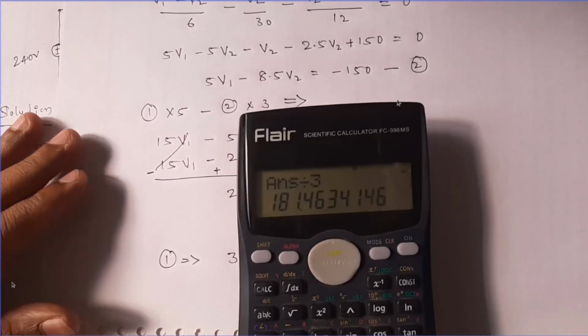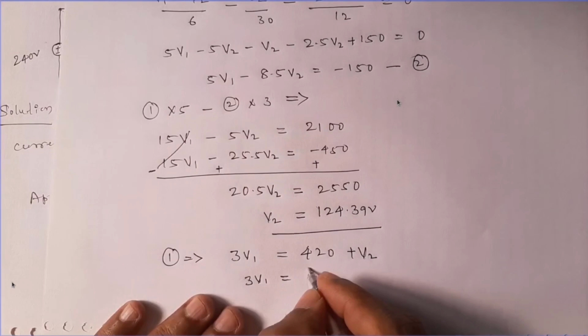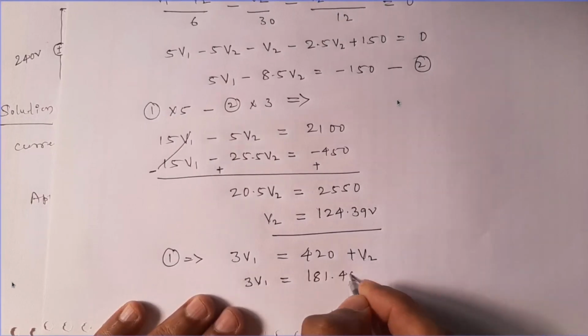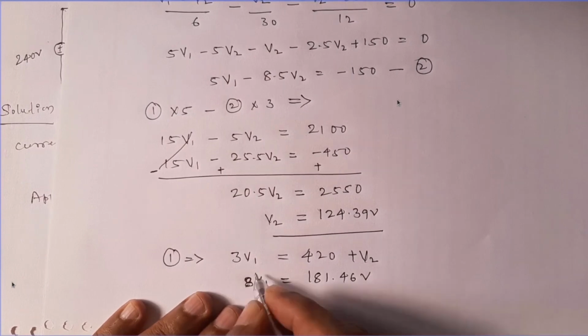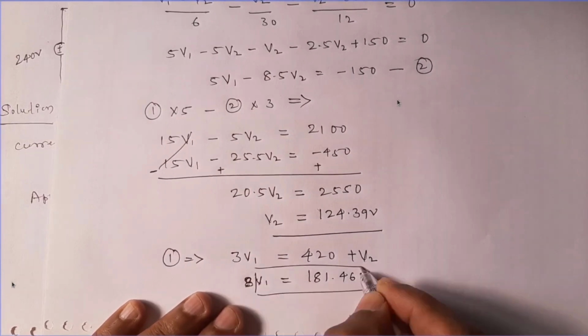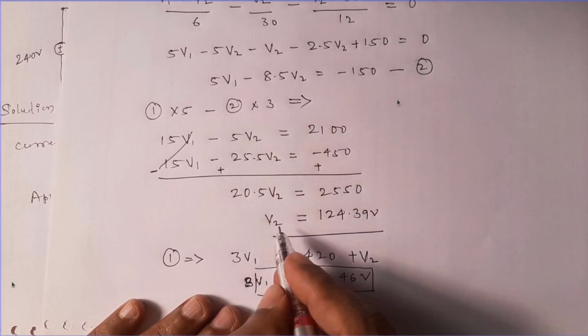So how much do we get? 181.46 volts. So this is V1 directly, and this is V2.